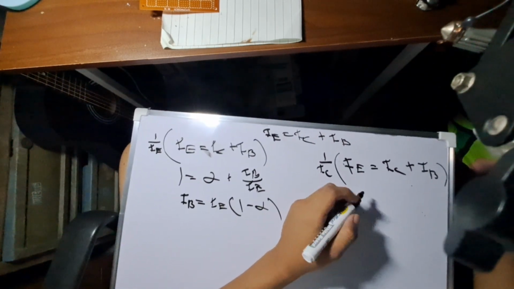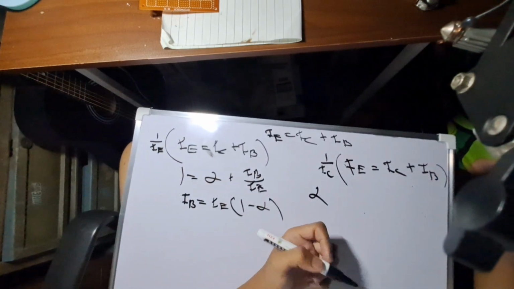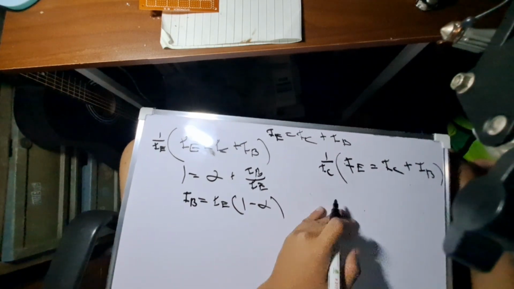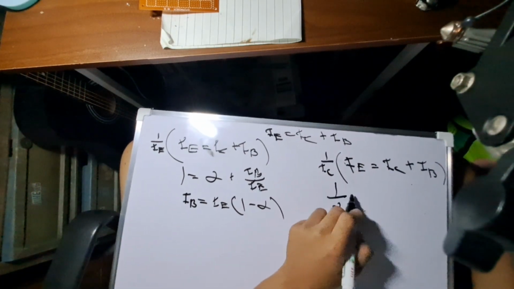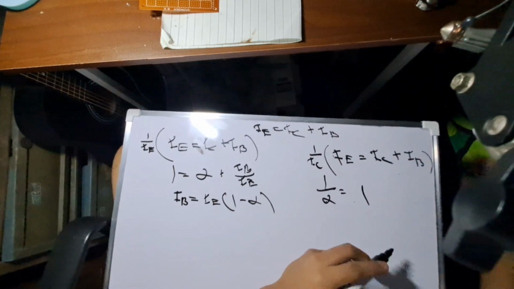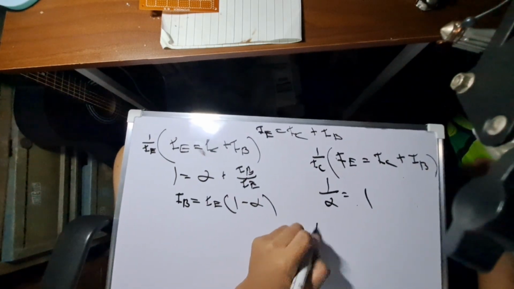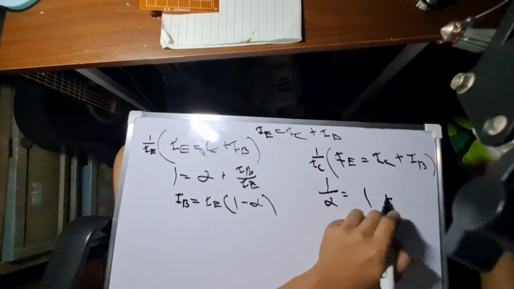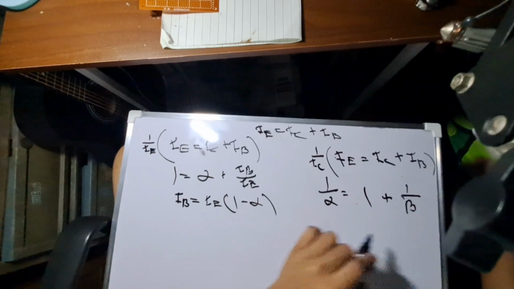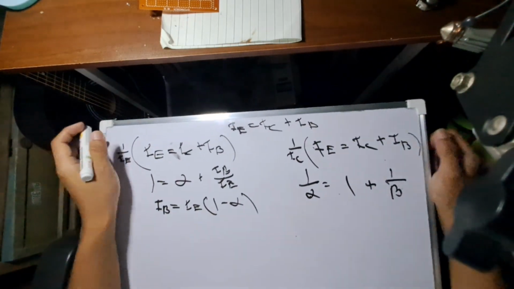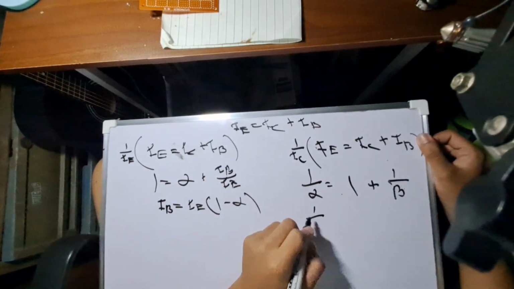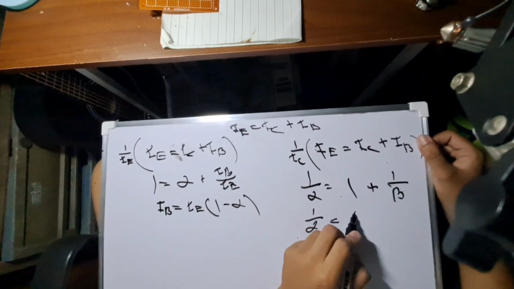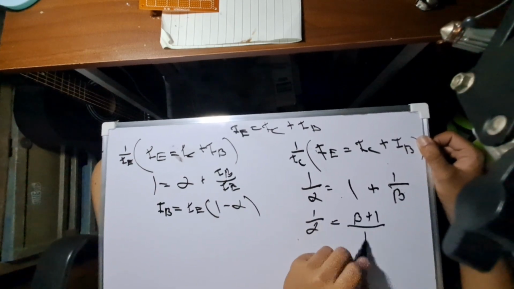Ano ba yan? Hindi ba si alpha yan? Pero baliktad. So 1 over alpha is equals to 1 plus IB over IC. IB over IC is 1 over beta. Therefore 1 over alpha is equals to 1 plus 1 over beta, which is beta plus 1 over beta.